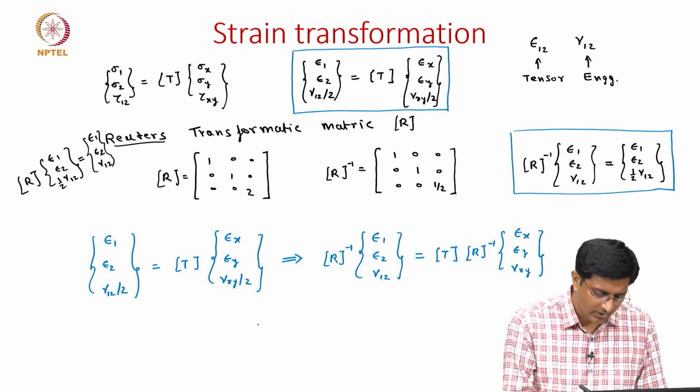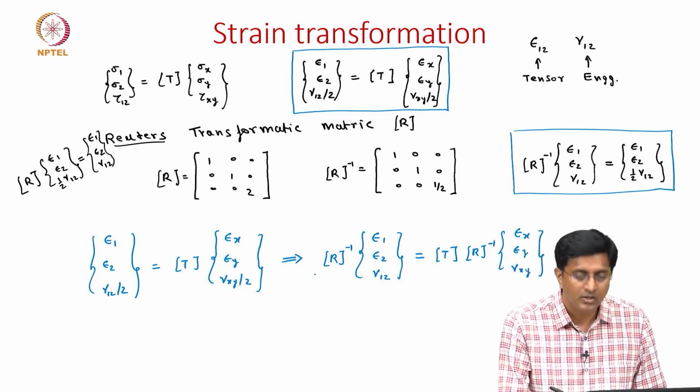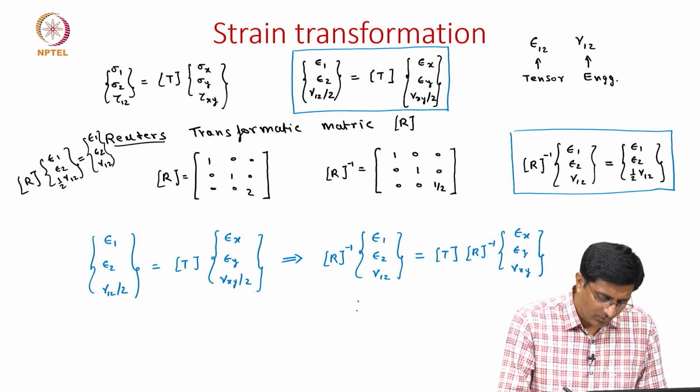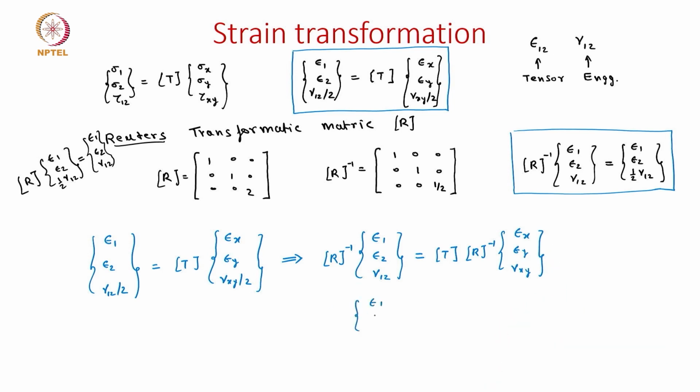And lastly, if I pre-multiply both sides with R, then it takes the form: epsilon 1, epsilon 2, gamma 1 2 can be written as R times T times R inverse times the strains in the body coordinates.